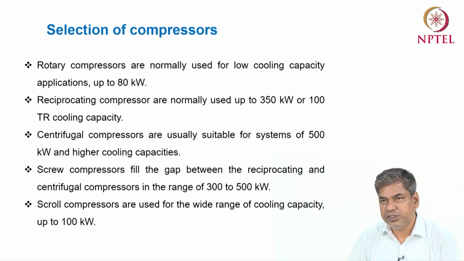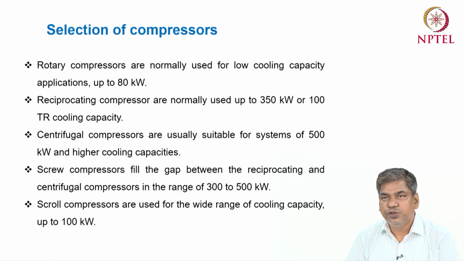And in between these, that means 300 to 500, in between the reciprocating compressor and the centrifugal compressor, the screw compressor can be used within that range.